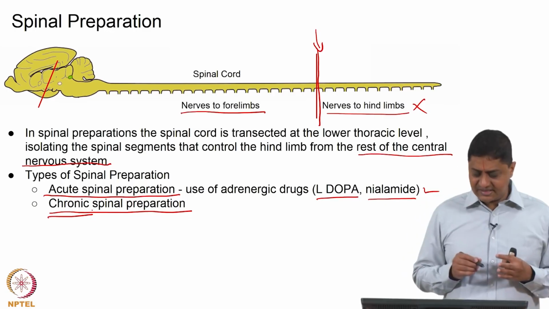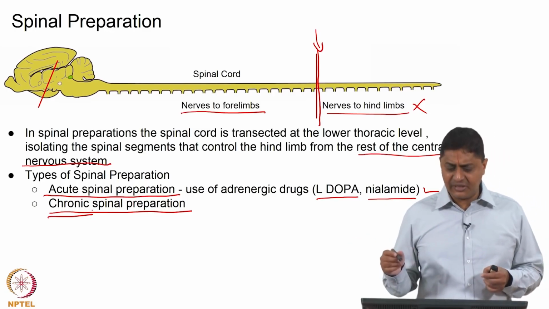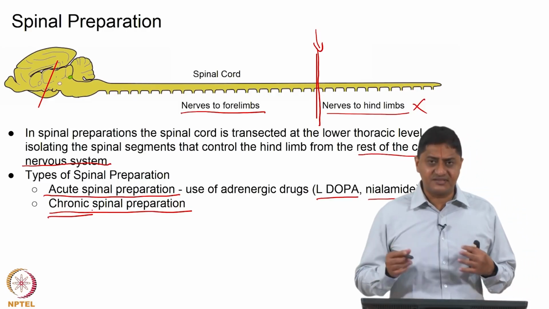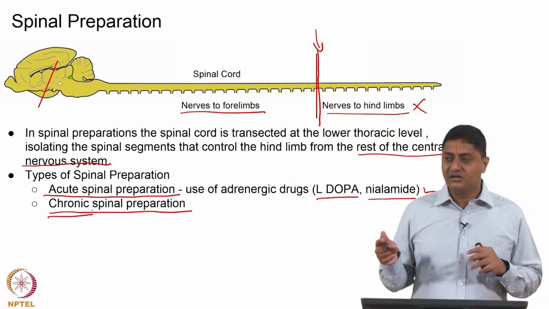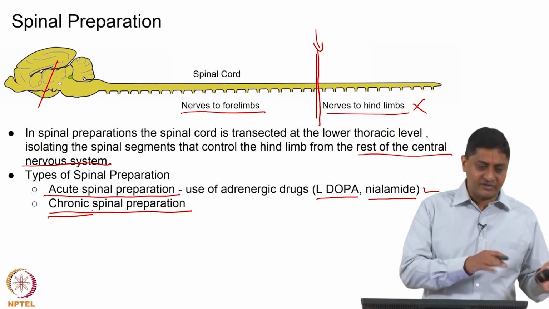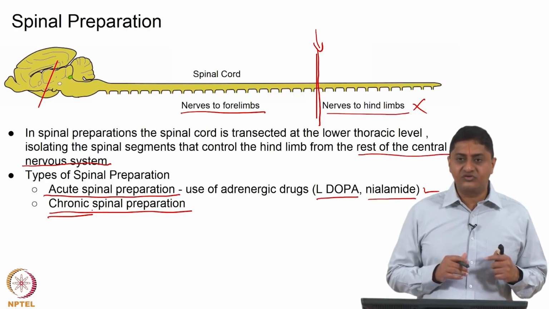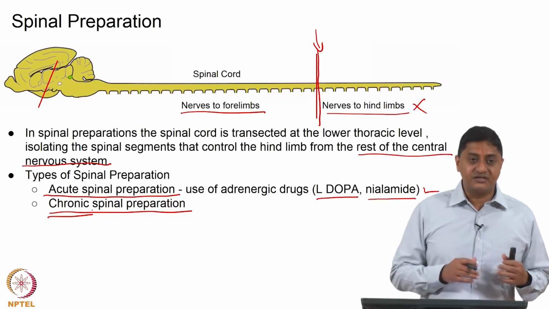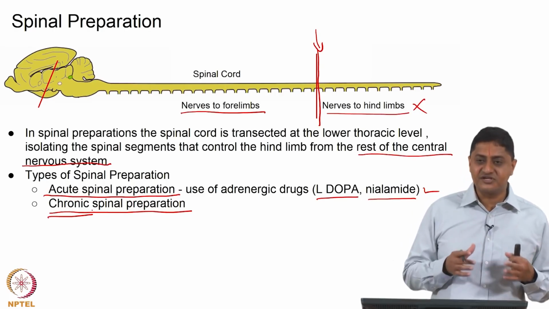preparation. These animals actually recover activity after some time, and the performance is not going to be normal. Of course, you cannot expect that the walking is going to be normal after the surgery, but it will not be so much different, in the sense that much of the function is still retained.